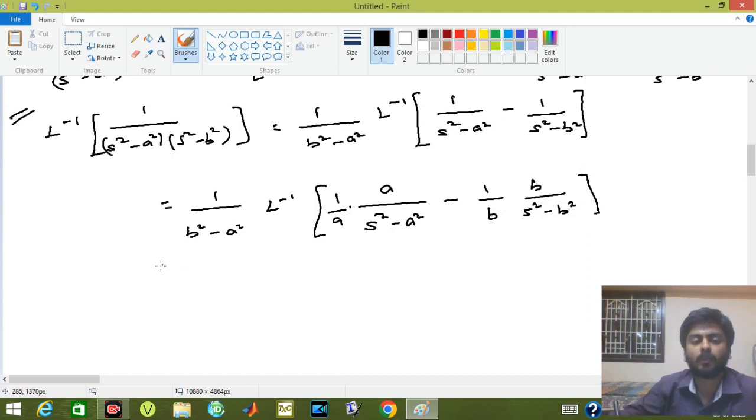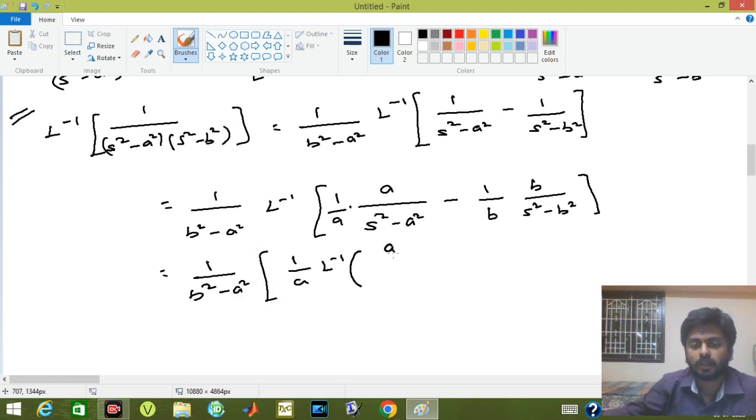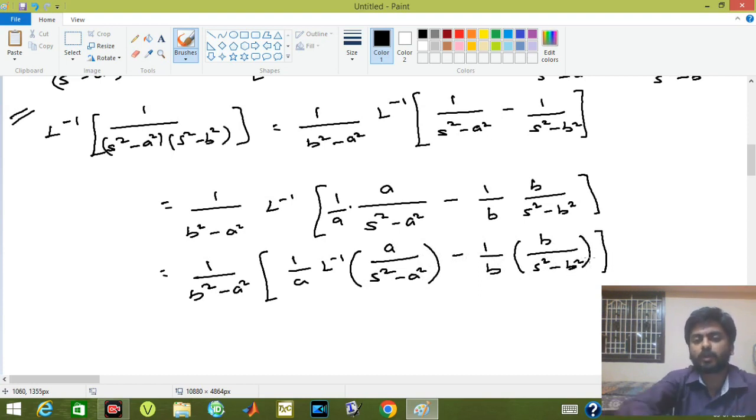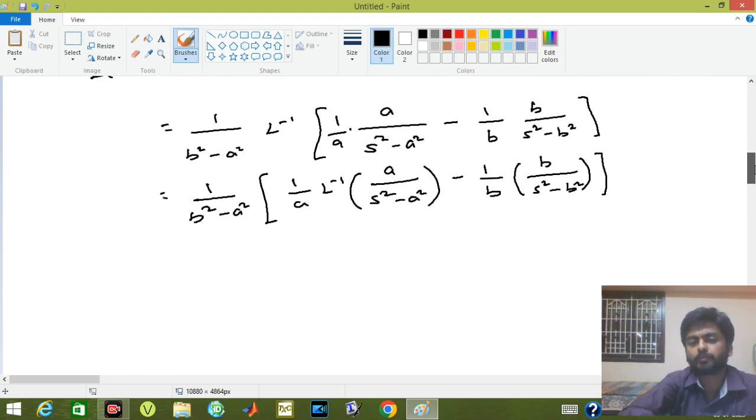Now by linear property we can write it as 1 by b square minus a square, L inverse of 1 by a, L inverse of a divided by a square minus a square, then minus 1 by b into b divided by a square minus b square.